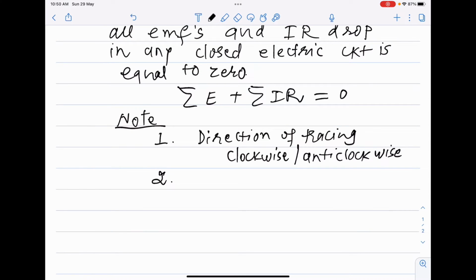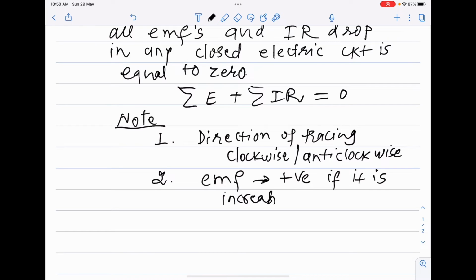Now the EMF is taken as positive if it is increasing in the direction of tracing. That is, whenever we are going from the negative terminal to the positive terminal of the EMF, then that EMF is treated as positive.